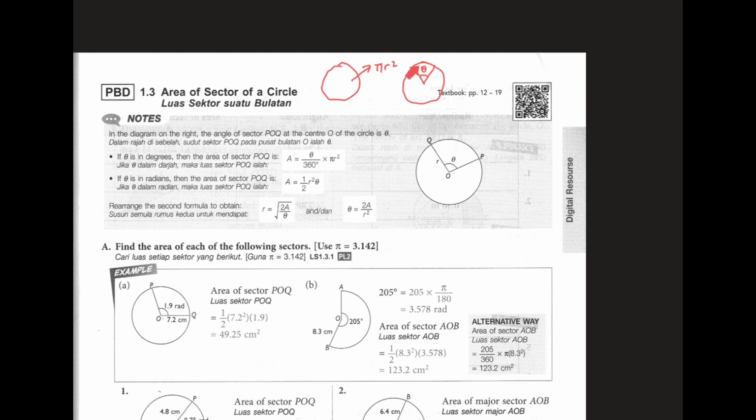Okay, so to find the area, we are using theta over 360 to get the fraction of the whole circle, then multiply with pi r square. So it's basically using ratio. This will be the fraction multiplied with the area of the whole circle.